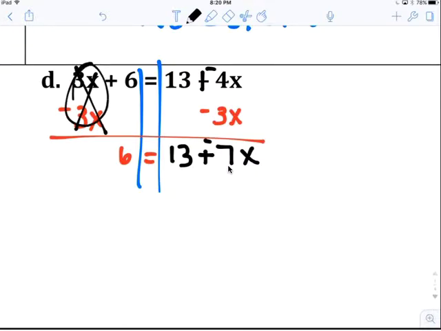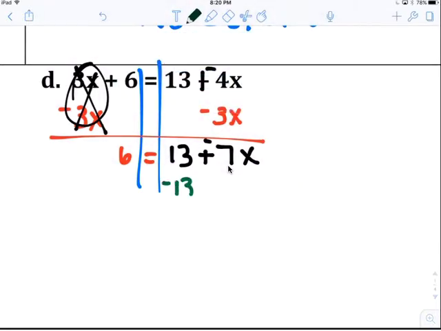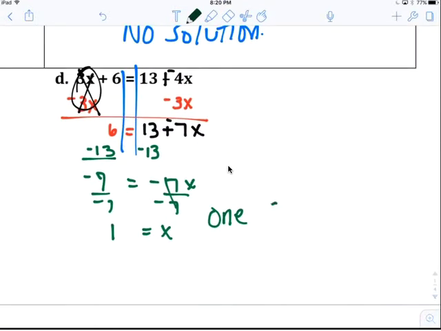Now you can get rid of the 13, so you do negative 13. You get negative 7 equals negative 7x. Divide by negative 7. Get x equals a positive 1. This is called one solution, or one answer, because there's only one answer that would work here.